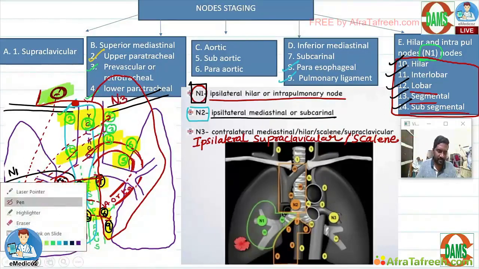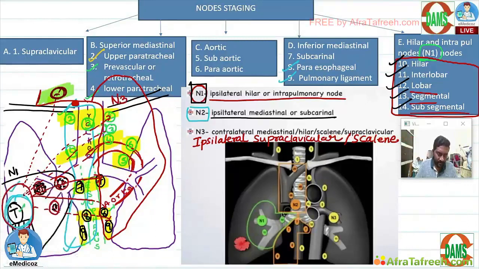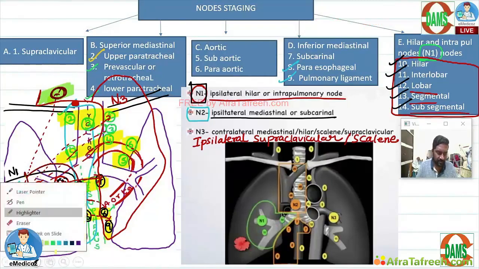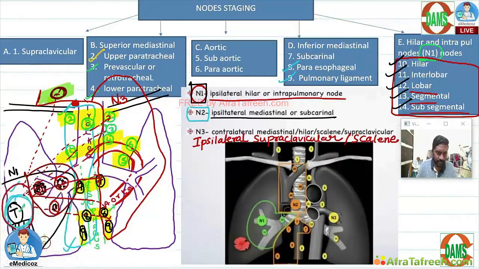So now we have seen if it is within the pulmonary involvement, everything corresponds to N1.